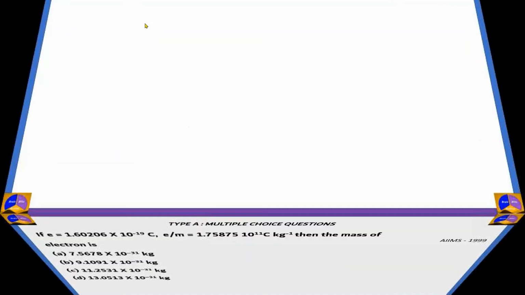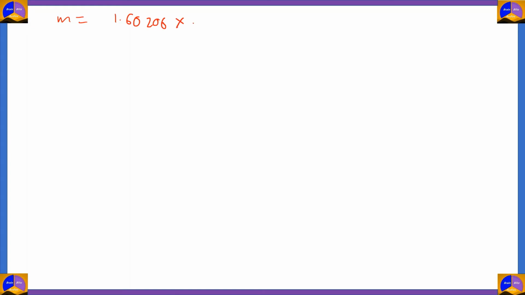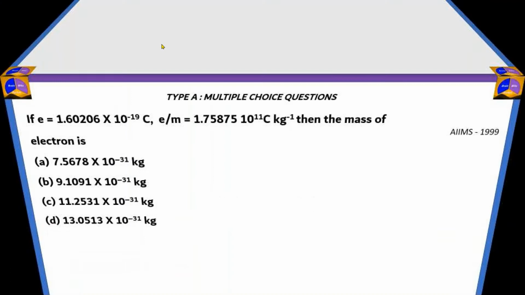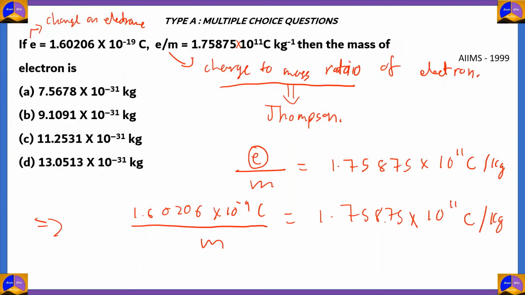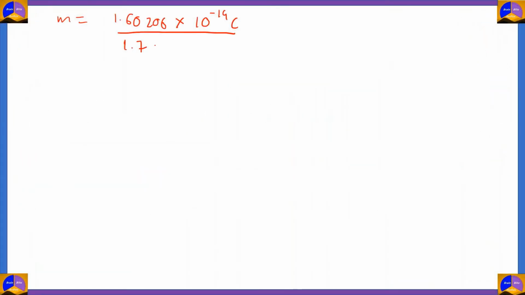So what we can do is we can write mass as 1.60206 into 10 raised to minus 19 coulombs divided by the charge to mass ratio, which is 1.75875 into 10 raised to 11 coulombs per kg.